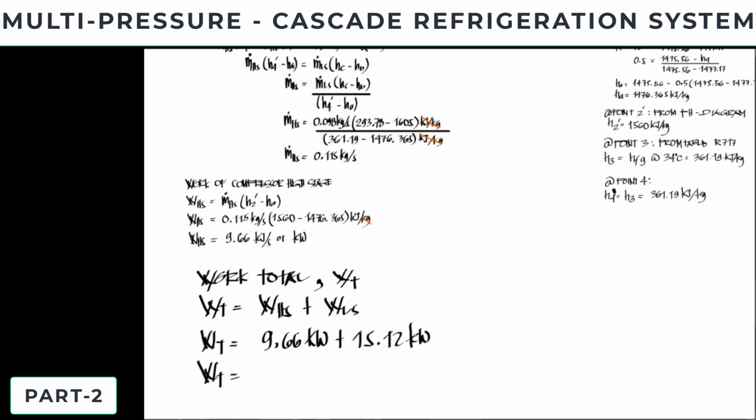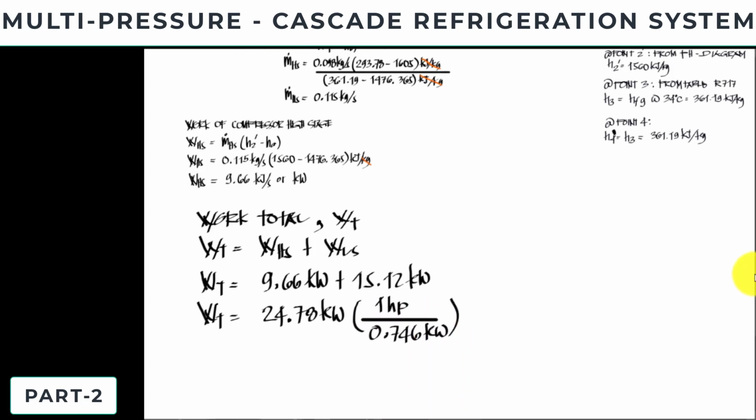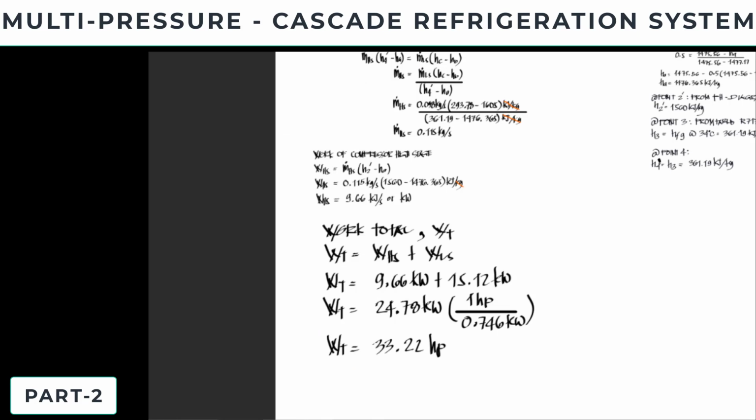So total we have 24.78 in terms of kilowatt. Now let's convert this unit in terms of my horsepower. So we have 0.746 in terms of kilowatt. So for my work total, we have a work of around 33.22 horsepower. No? Now we have the total work, which is 33.22 horsepower.